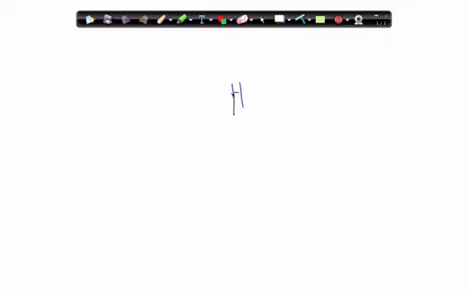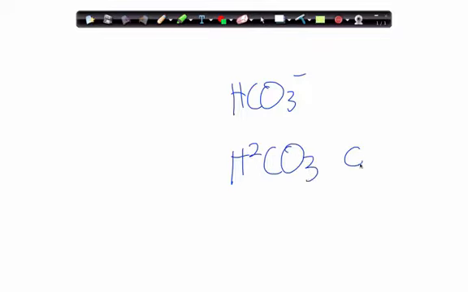bicarbonate pretty much picks up an extra hydrogen molecule, which makes it this, carbonic acid. And this is bicarb.